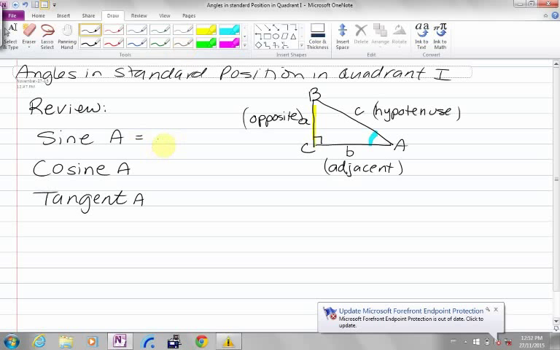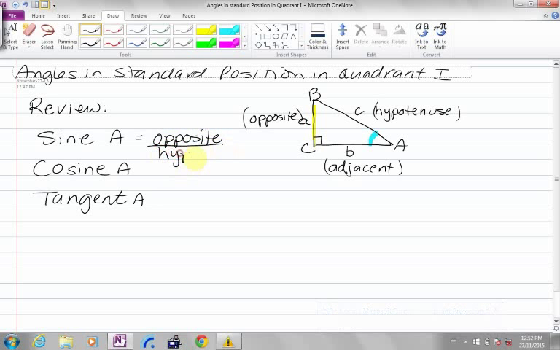Opposite over hypotenuse, that's right. Recording seems to make my pen delay, which is already driving me nuts. Anyway, so opposite over hypotenuse. It's the ratio of those 2 sides in that order, right?